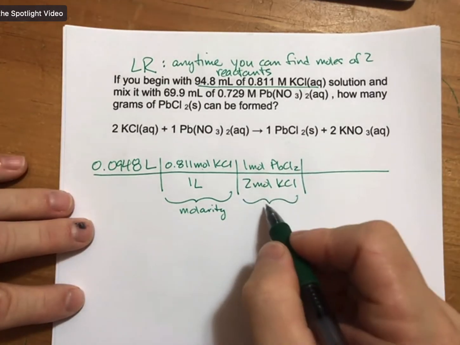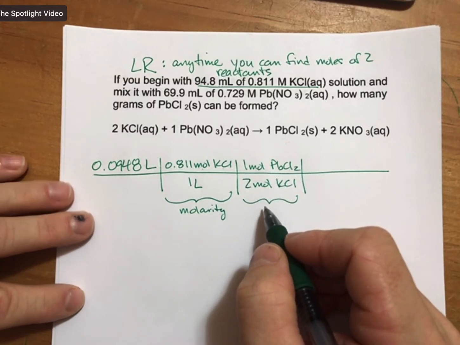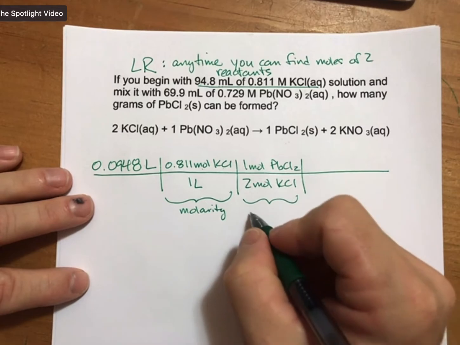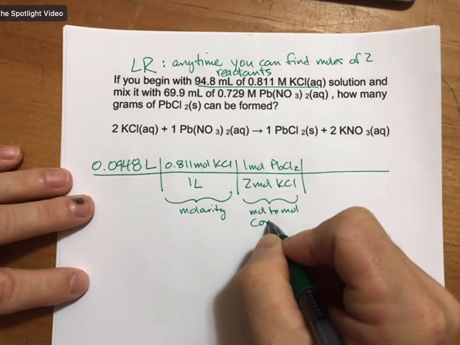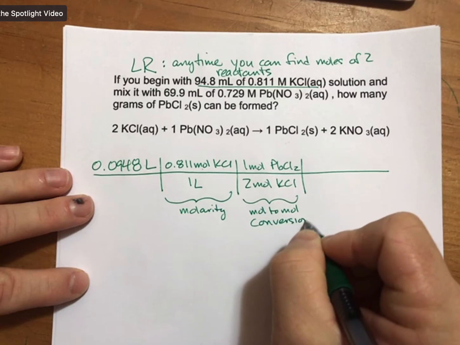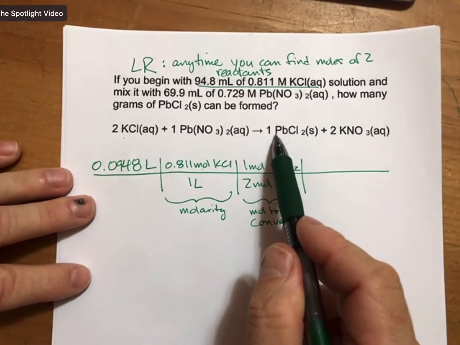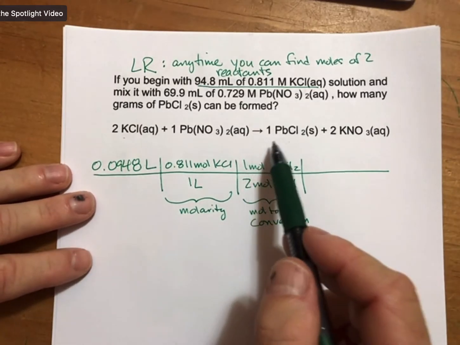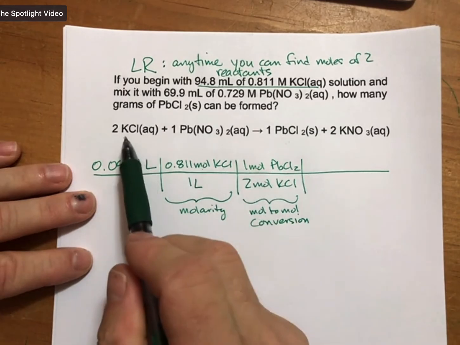And this second step is called my mole-to-mole conversion. And it always uses coefficients from the balanced reaction. And anytime you have a balanced reaction, chances are you're going to need to do this.